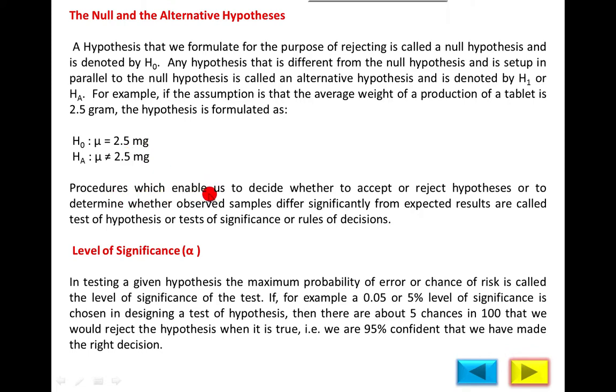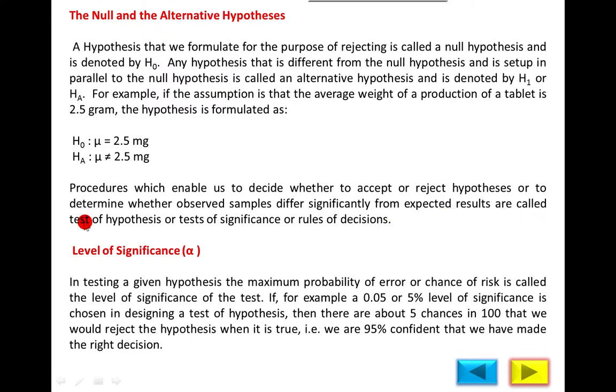A procedure which enables us to decide whether to accept or reject, or to determine whether an observed sample differs significantly from expected results. This is the observed result. We will compare this with expected results.